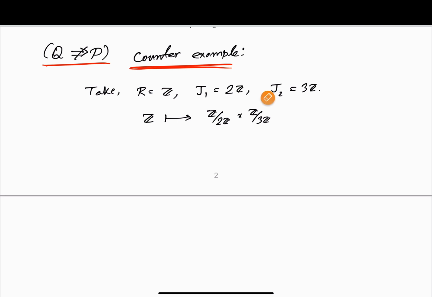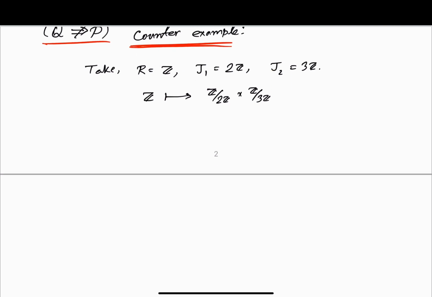Now first note that J1 and J2 are co-maximal. Why? It means 2Z plus 3Z is Z, right?